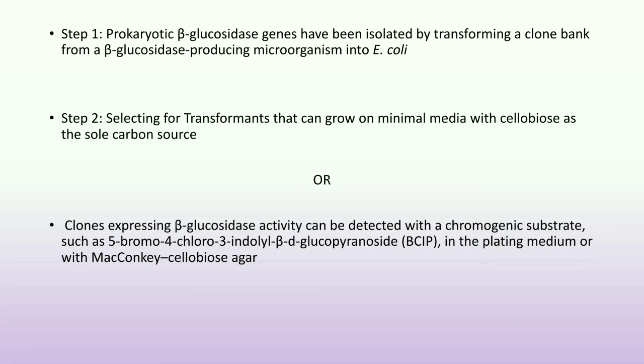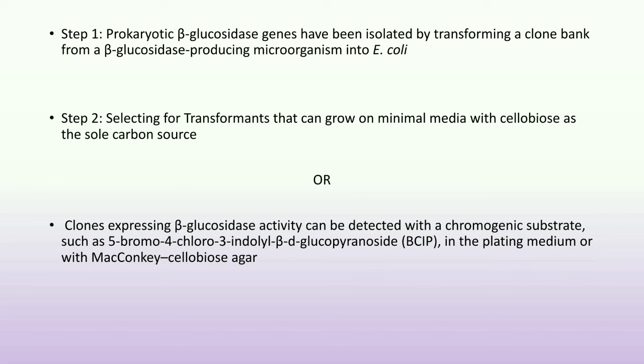Alternatively, the clones expressing beta glucosidase activity can be detected with the help of a chromogenic substrate. In this case, the chromogenic substrate used is 5-bromo-4-chloro-3-indolyl beta-D-glucopyranoside. This compound is also known as BCIP.